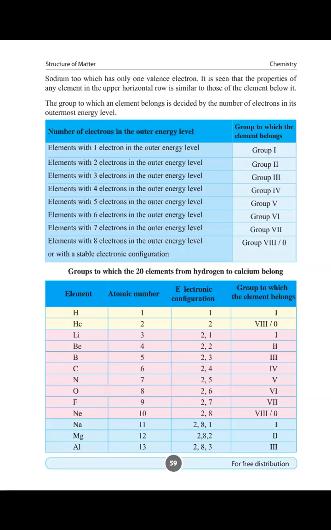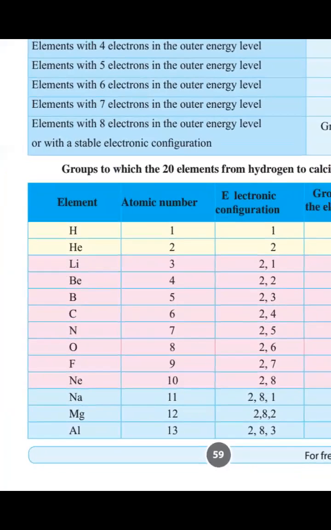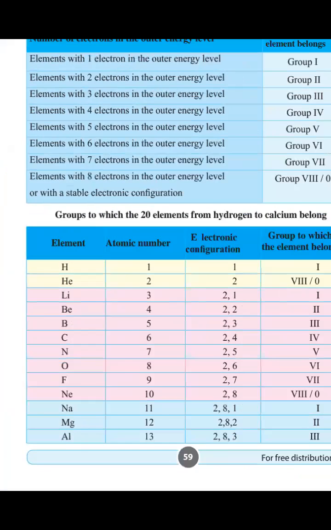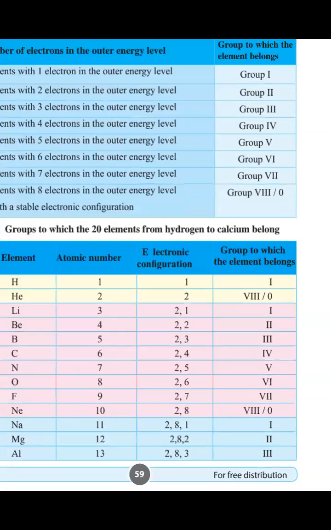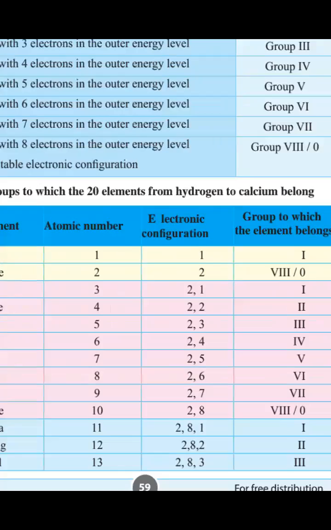Now, for example, hydrogen: atomic number is 1, electron configuration 1, group 1. If you consider nitrogen, atomic number is 7, electron configuration 2,5. What should be the group? Group 5. Why? Valence electrons are 5.